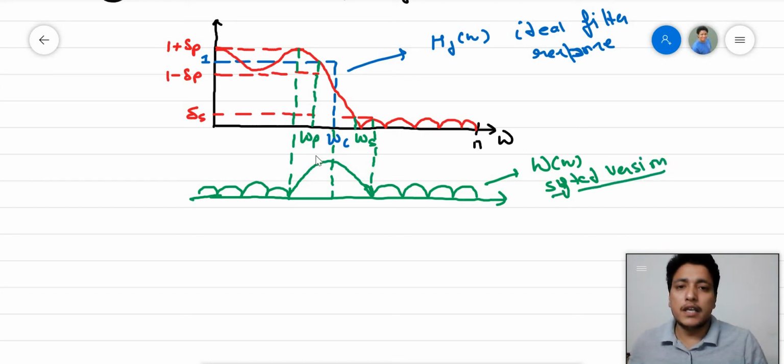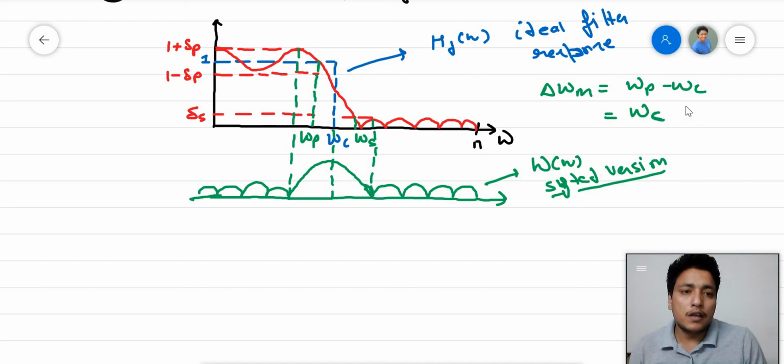So one can see omega c will exactly lie at the center. That is also called delta omega m, which is equal to omega p minus omega c, also equal to omega c minus omega s.